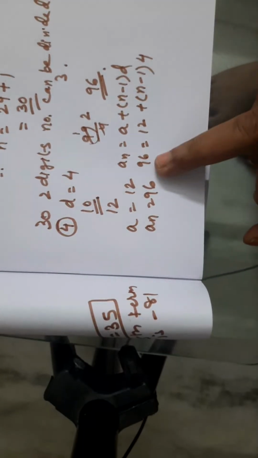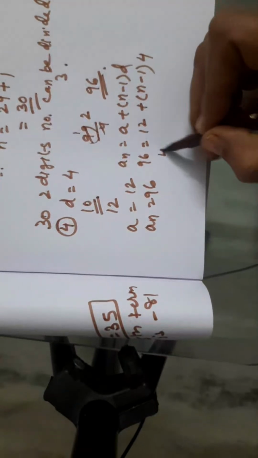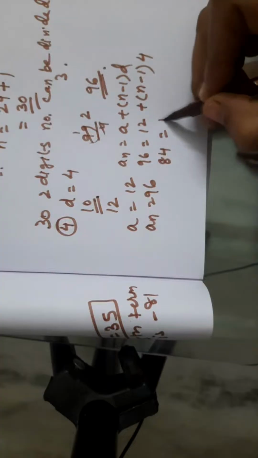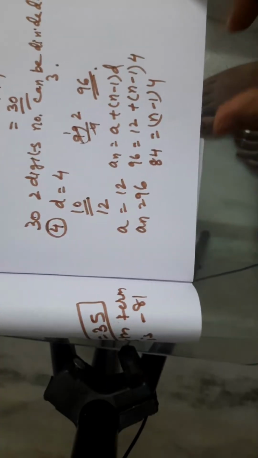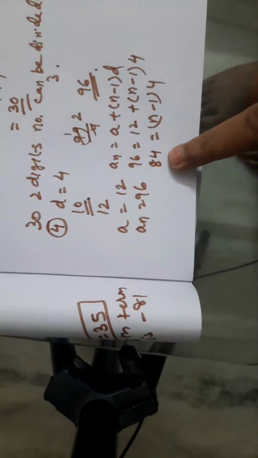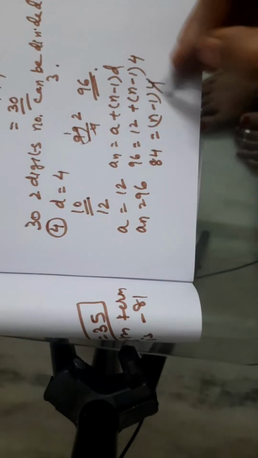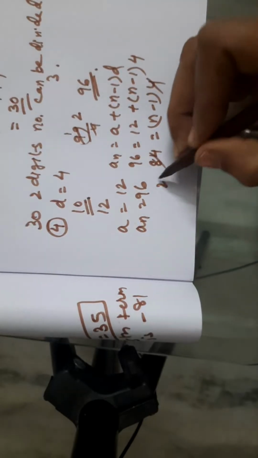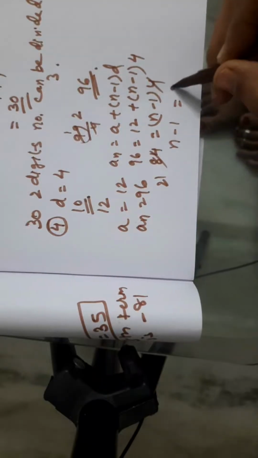Now shift this number towards the left. 96 minus 12 is 84, equal to n minus 1 times 4. I told you whenever we get numbers in this way, the numbers will always be divisible. So here 84 will come in the 4 table. Thus it is 21. Finally n minus 1 is 21.